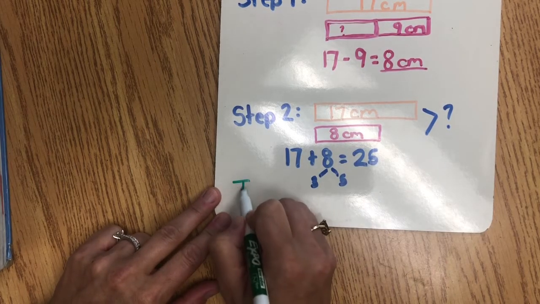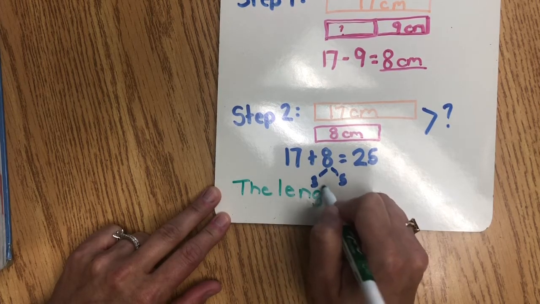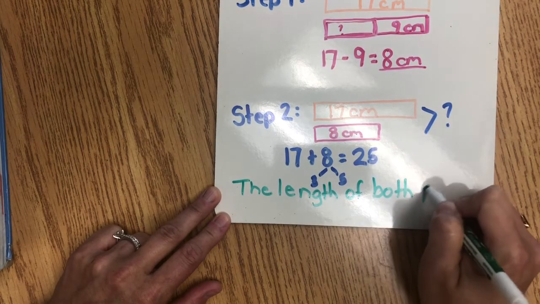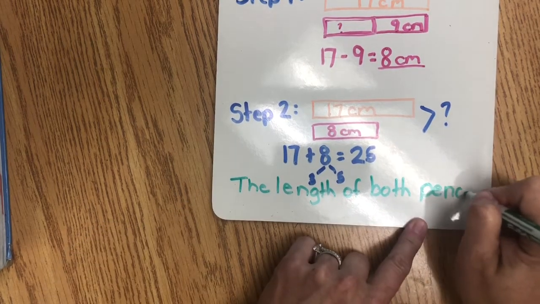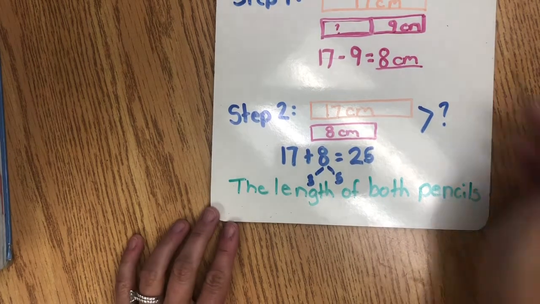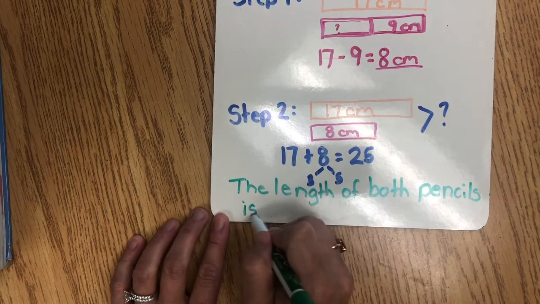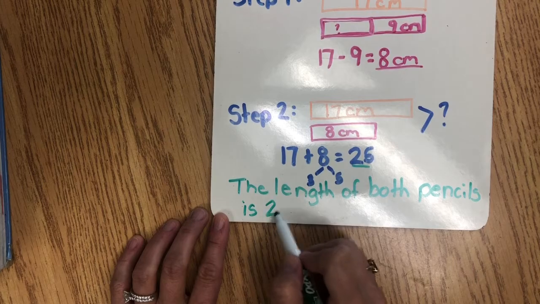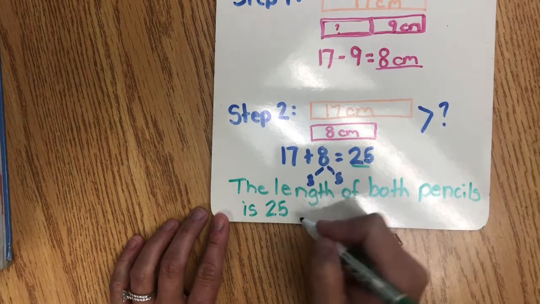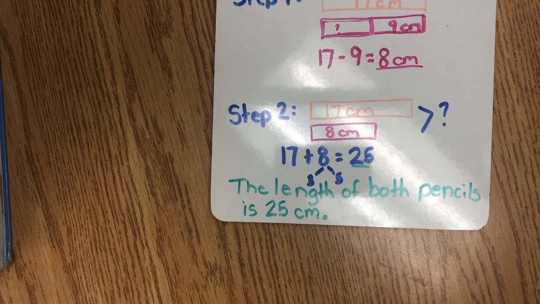So the length of both pencils. This is very important. You should be writing all these steps that I am. The length of both pencils is 25, what's our unit of measure again? Oh yeah, centimeters. 25 centimeters. So go ahead and write that down.